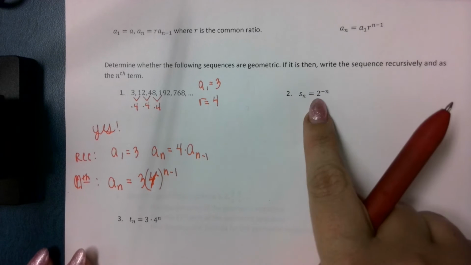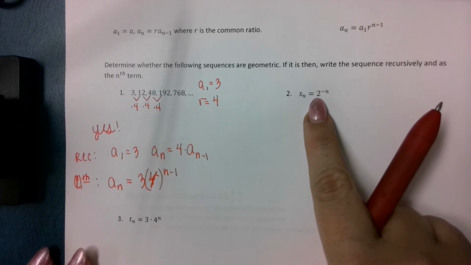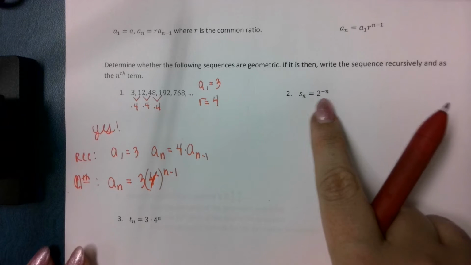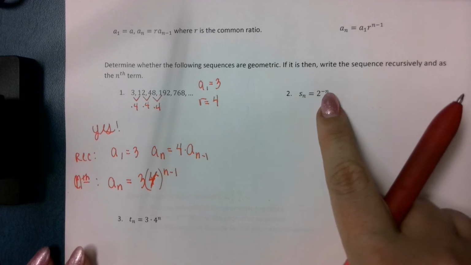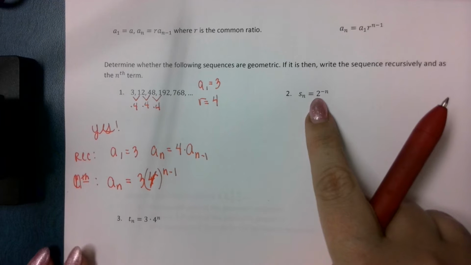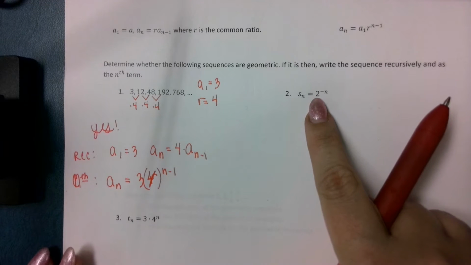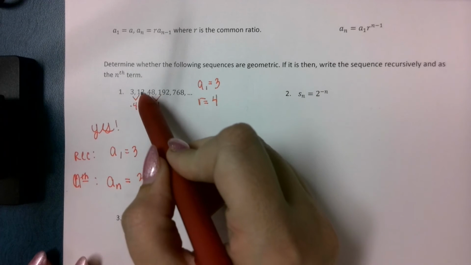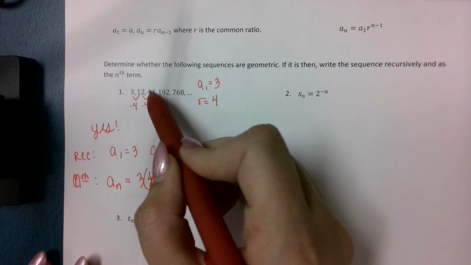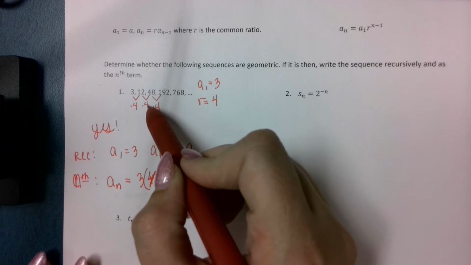So in this problem, I want to figure out if this is geometric or not. If I want to know if this is geometric, then I need to figure out if I divide, right? If I did 12 divided by 3, that gives me 4. If I do 48 divided by 12, that gives me 4.